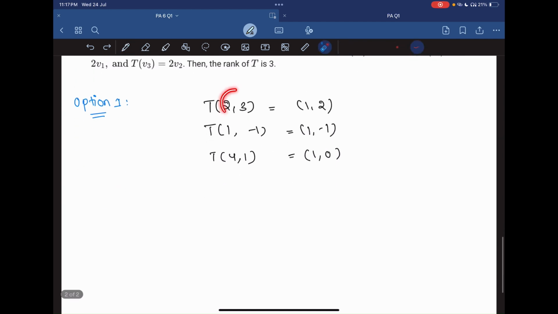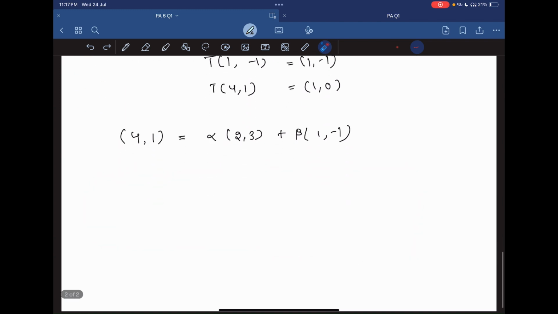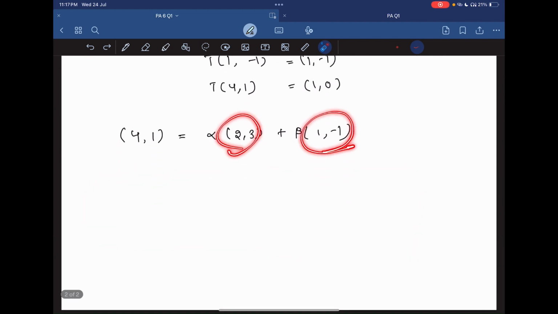Now, if we look at these three vectors, we can say that there would be some alpha and beta for which this equation would be true, as these two vectors are linearly independent. So that means these two vectors will form the basis of R2, and by some linear combination of these two vectors, we can find any vector in R2.